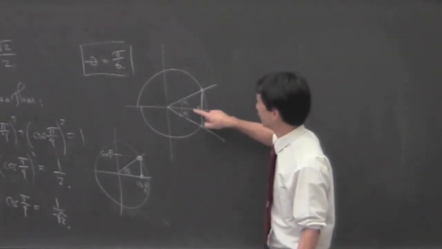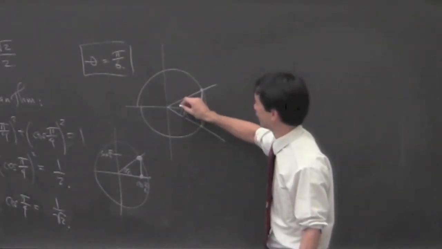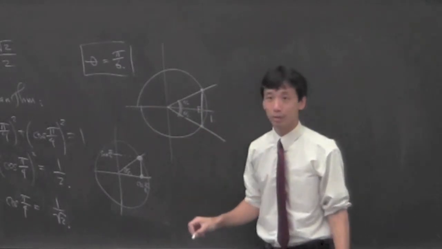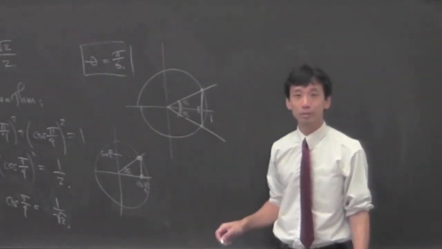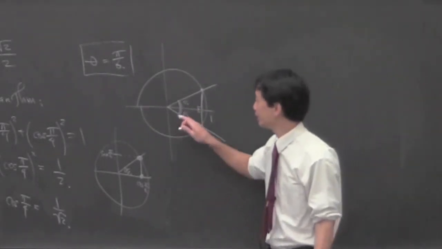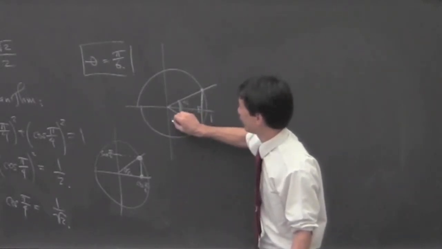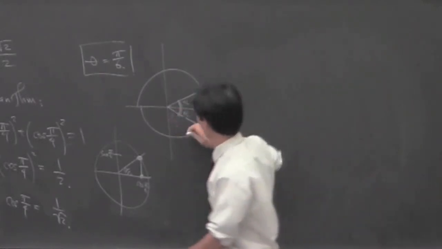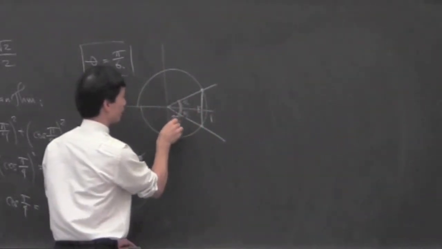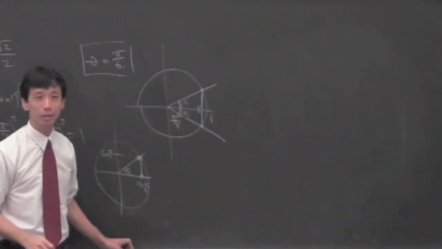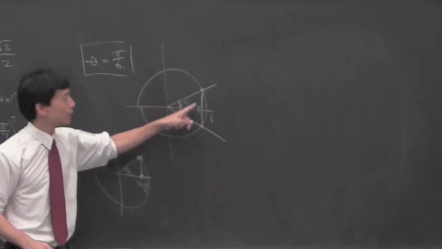So let me ask you this. What's this full angle here? 60 degrees. Let's say pi over 3. Okay, what about these angles here?